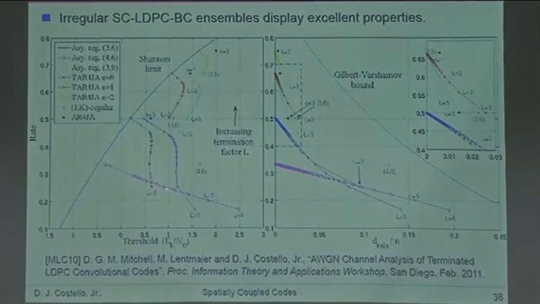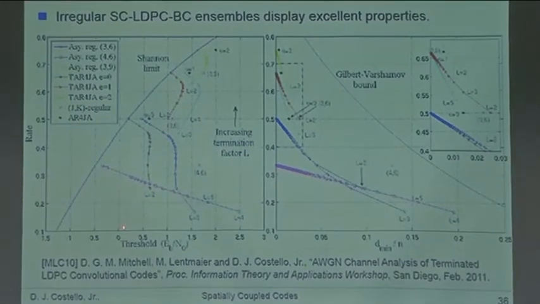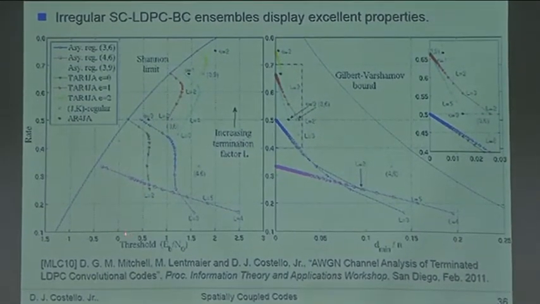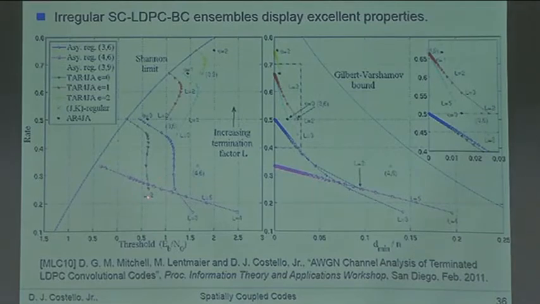So these are thresholds, this is the Gaussian channel, and this is the ARJA ensemble rate of half, and this is the 3/6 regular rate of half. And the 3/6 regular gets to the MAP threshold of 3/6 regular block codes, which is about 0.046 dB. But the ARJA rate of half gets almost to capacity.